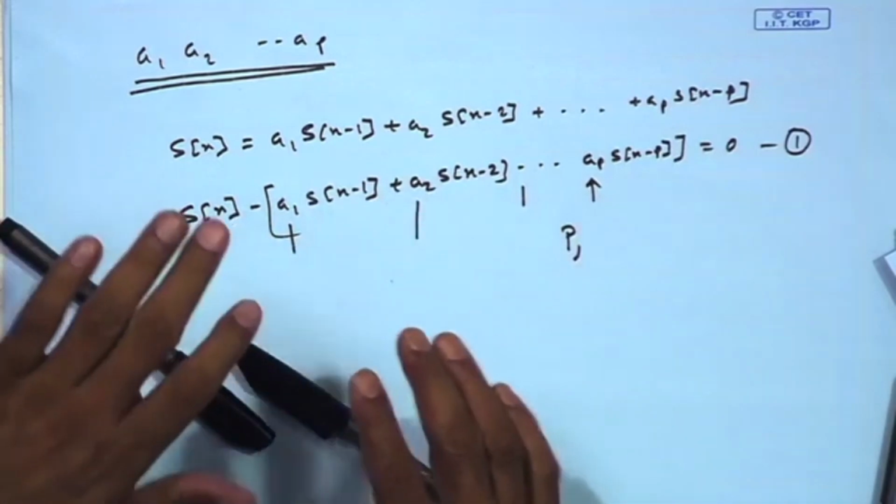That means if I know the previous n samples, some linear combination of those previous samples will provide me the current sample. Suppose I know the previous 3 samples; some combination of those previous 3 samples, with some multiplication factors, will provide me the current sample.